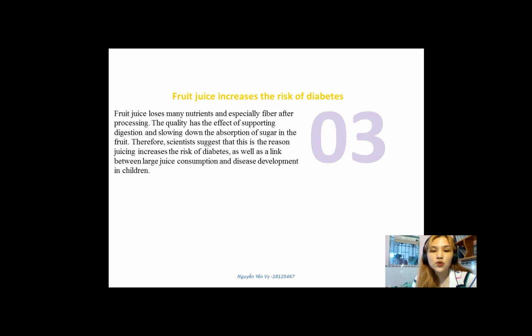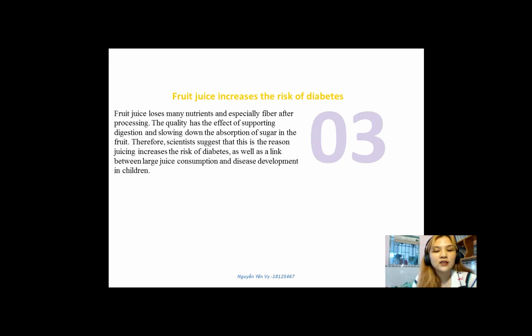The last, fruit juice increases the risk of diabetes. Fruit juice loses many nutrients, and especially fiber, after processing. Fiber has the effect of supporting digestion and slowing down the absorption of sugar in fruit.